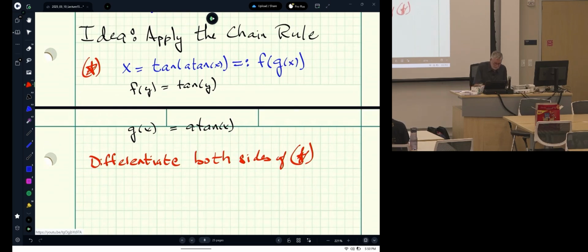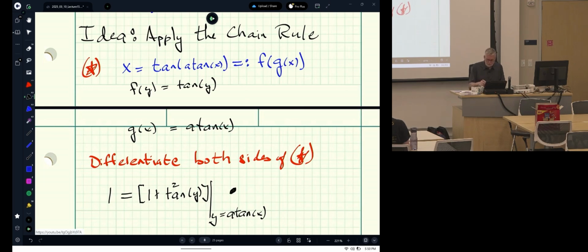Okay, easy enough. Derivative of x, uno, okay, 1. Derivative of tangent, 1 plus tangent squared of y, evaluated at y equals arctangent of x.